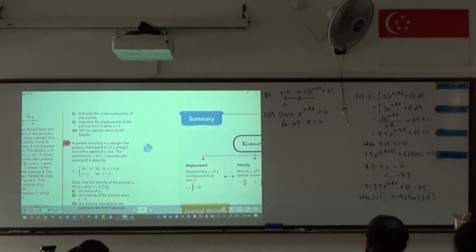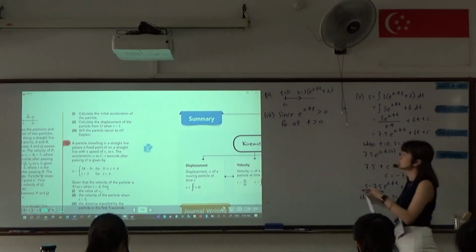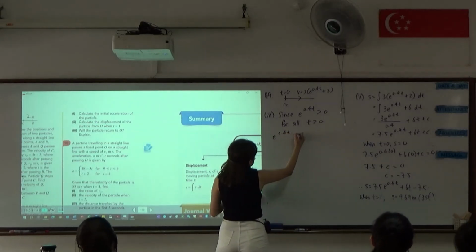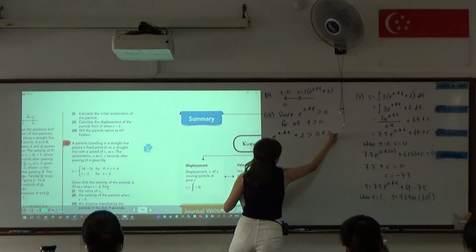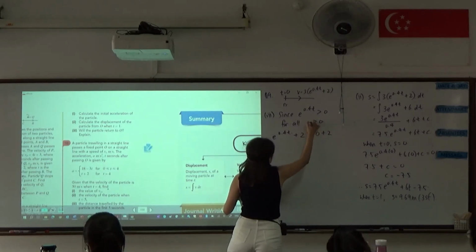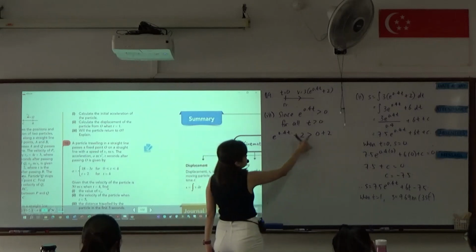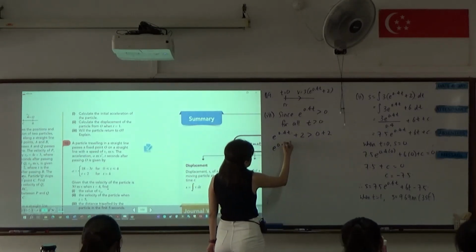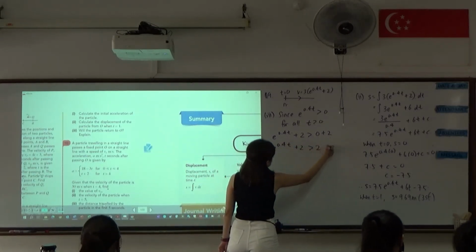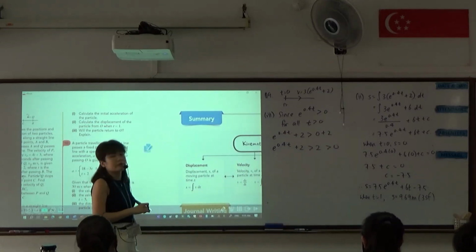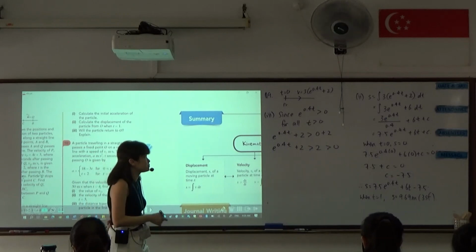This is the first thing you need to be aware of: your exponential is always more than 0. If you add 2 on both sides of the inequality, your exponential plus 2 is more than 2, which is more than 0.